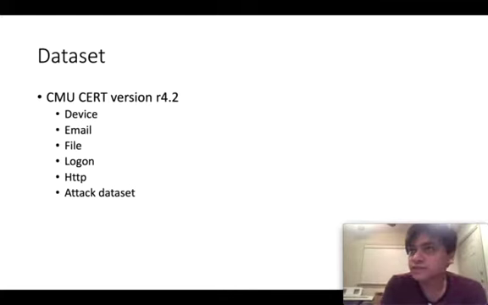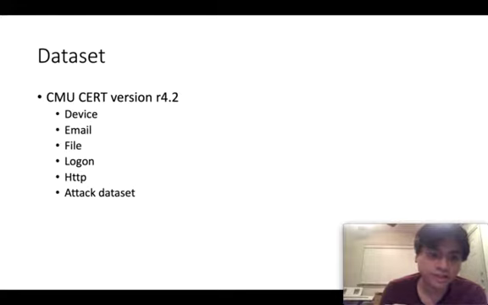For example, Bob downloads a file named example.exe at 5 p.m. November 30, 2020. And the logon table will tell who logged on or logged off a device, and when. For example, Bob logs on to PC 1234 at 5 p.m. November 30, 2020.